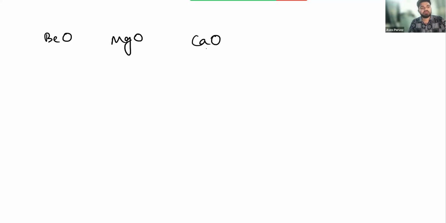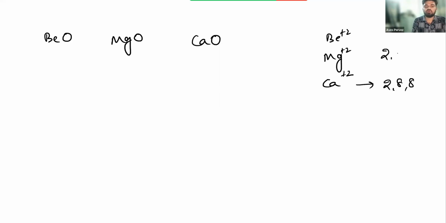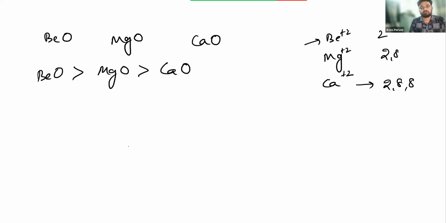Beryllium, magnesium, and calcium are all two positively charged, but the sizes are 2, 8, 8 shells for one, 2, 8 for another, and only 2 for the other. Which is more covalent? Beryllium. This BeO compound will be more covalent because it has a small size, then magnesium oxide, and then calcium oxide. Okay, understood everybody?